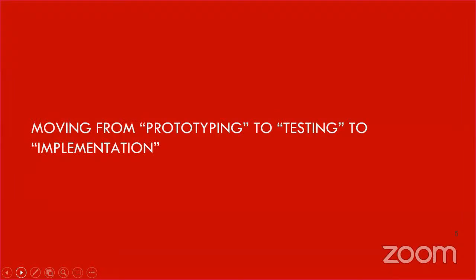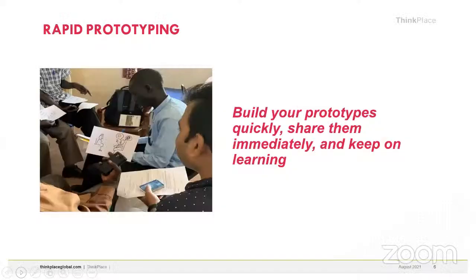So we're moving from prototyping to testing to implementation. So like I told you guys, prototyping is rapid. You build your prototypes quickly, share them immediately, and keep on learning, okay?